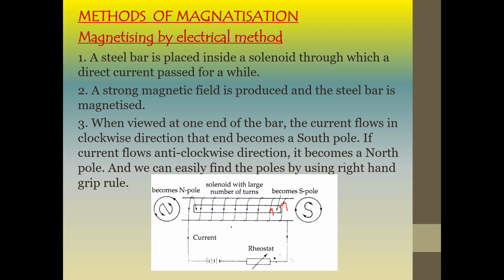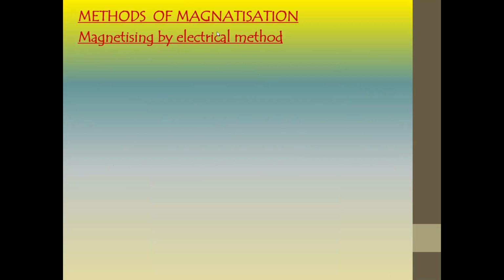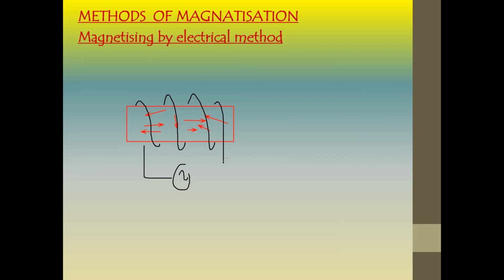Why will AC not work? Because alternating current changes its direction continuously. For example, if you try to magnetize by alternating current, these domains are not aligned. For AC, first the left hand side is positive, right hand side negative.